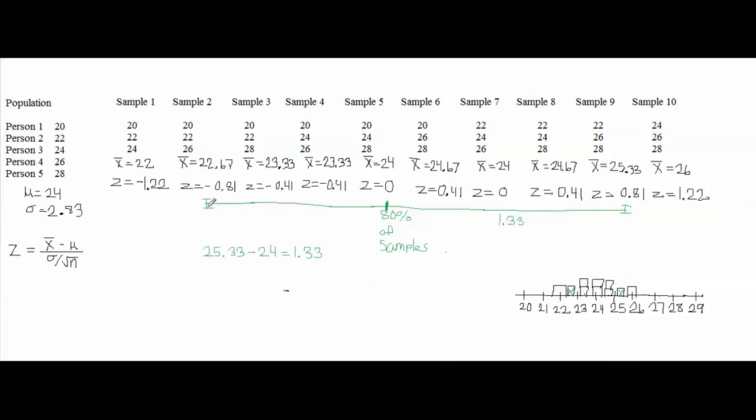Now let's look at this boundary right here. Let's look at the mean of sample 2, which is 22.67, and let's think about how far that sample mean is from the population mean of 24. We can find out by subtracting. 22.67 minus 24.